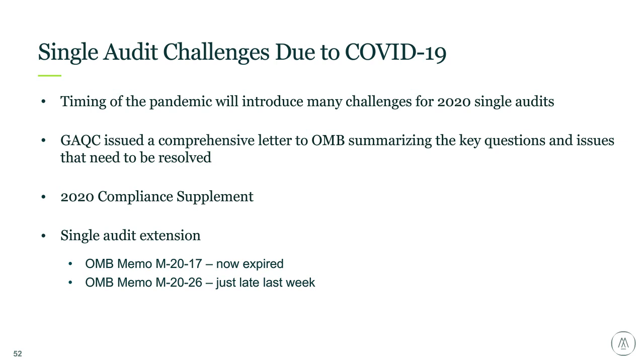When it does get issued, we have been hearing that there will not yet be guidance related to funding for COVID-19, and that may come out later as a supplement to the compliance supplement. And so it's possible that your single audits may be delayed if you did receive funding that falls under the uniform guidance. However, OMB has not yet provided the guidance for auditing those funds.